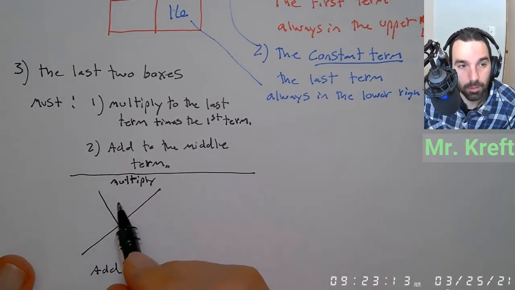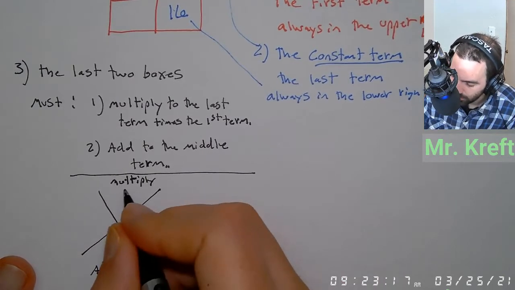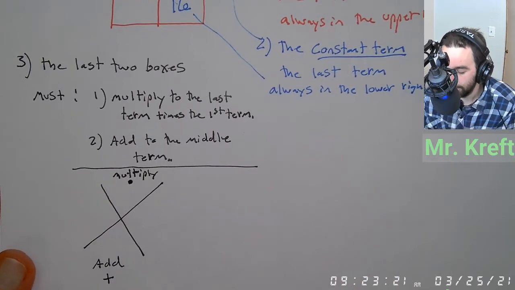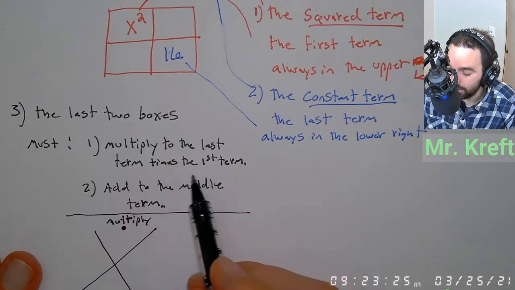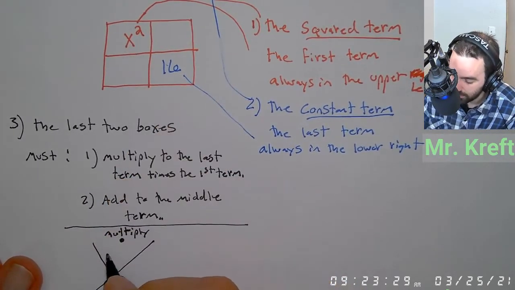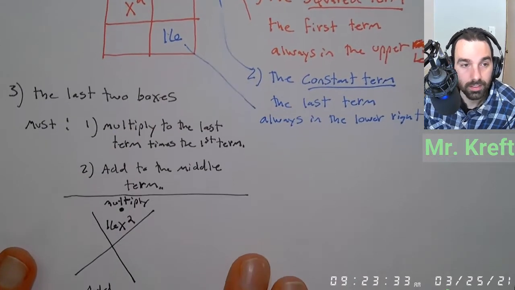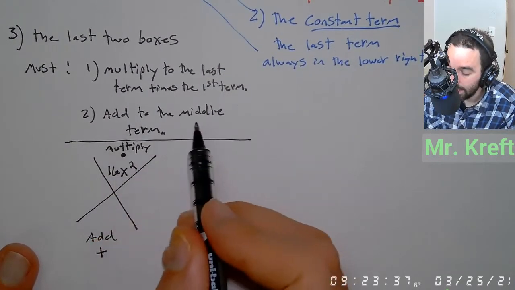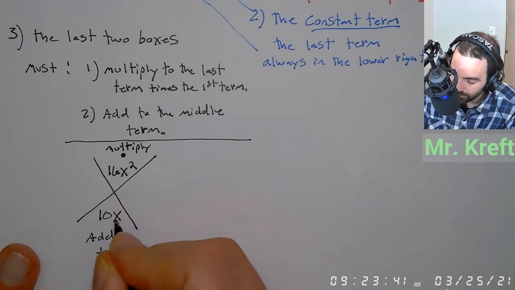If you just want to use symbols, you can just put a dot and a plus. So it's going to multiply to the last term times the first term. So that's 16 times x squared. And then it's going to add to the middle term, and the middle term is 10x.